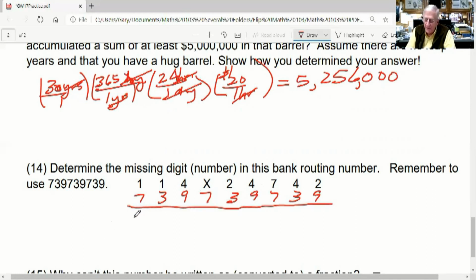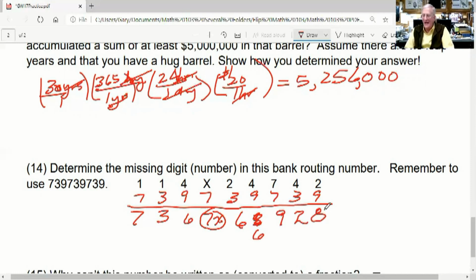That's 7, that's 3, that's 36, which is just 6. I'm going to cheat and take some shortcuts here. This is 7x, 6, 36, which is just 6 upon 10. 49 is 9, 12 is 2, and 18 is 8.